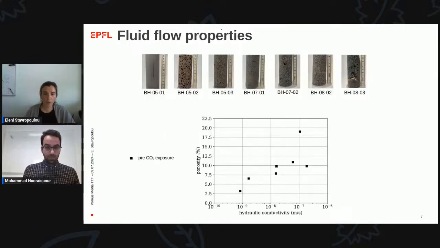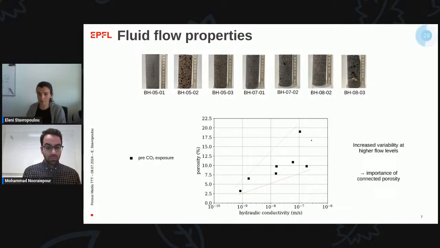So if we look at the results between the total porosity and the measured hydraulic conductivity at the initial state of the sample, pre-CO2 exposure, we see a slight trend of increasing flow properties, increasing conductivity, for higher porosities.